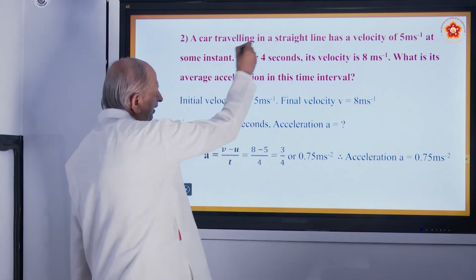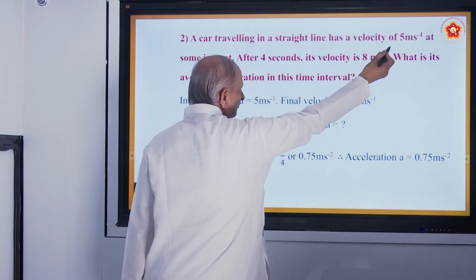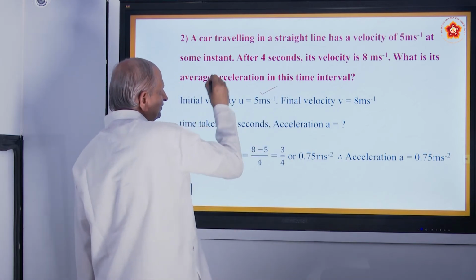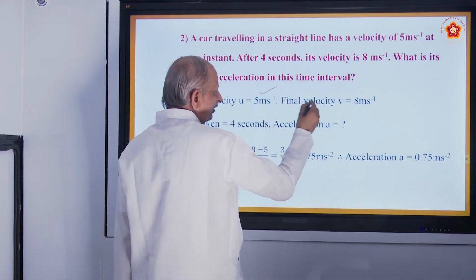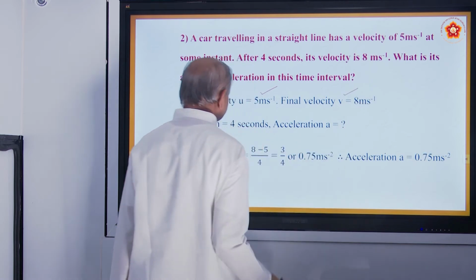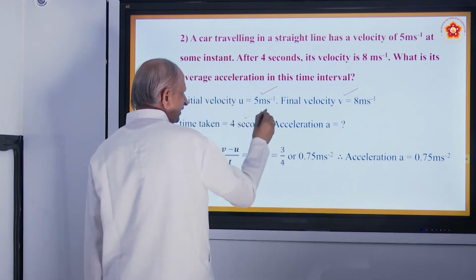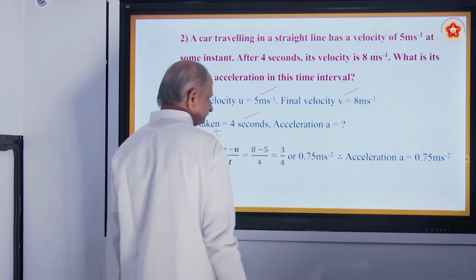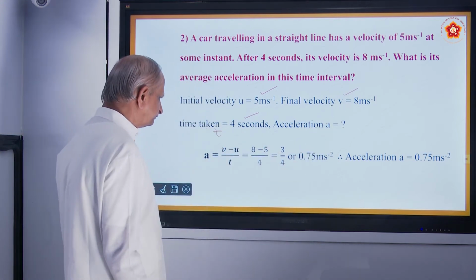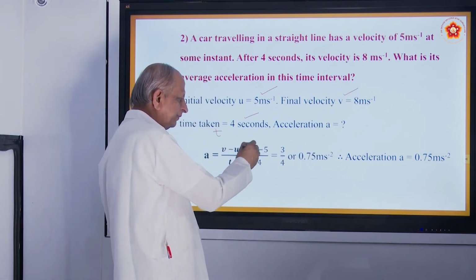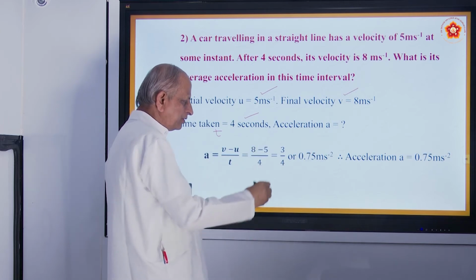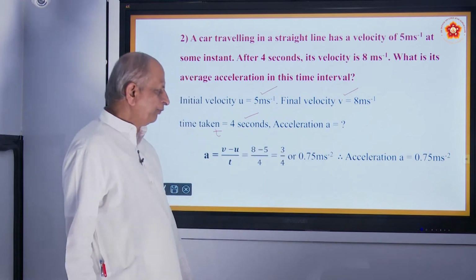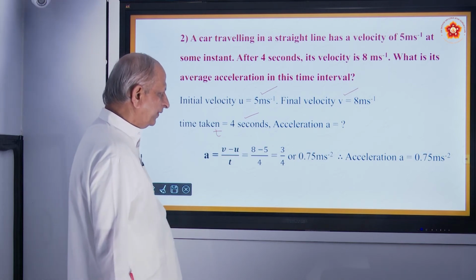Now coming to second type of problem. A car travelling in a straight line has a velocity of 5 meter per second. So u is 5 meter per second. After 4 seconds his velocity changes to 8. So in 4 seconds, that is time taken t. Final velocity v. What is the acceleration? A is equal to v minus u by t, 8 minus 5 by 4, that is 3 by 4 or 0.75 meter per second square.